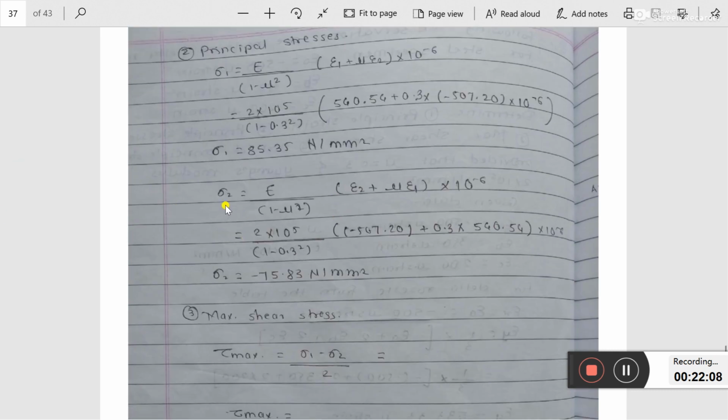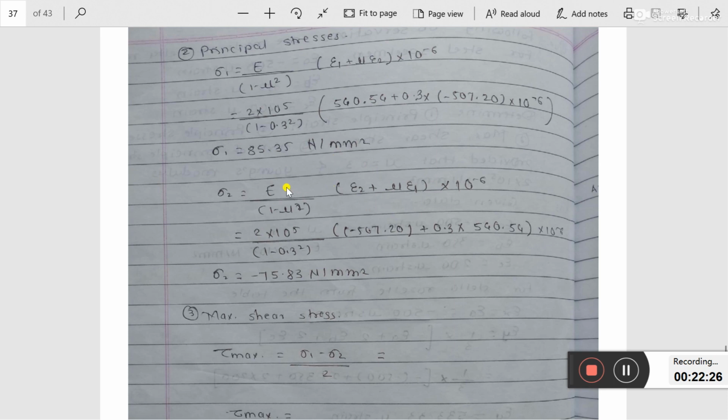Similarly, the second formula is also available, that is sigma 2. Again this formula is available in the form of Young's modulus, then mu. So this particular term and this particular term are the same for both equations, for sigma 1 and sigma 2. The only difference is in this particular term.